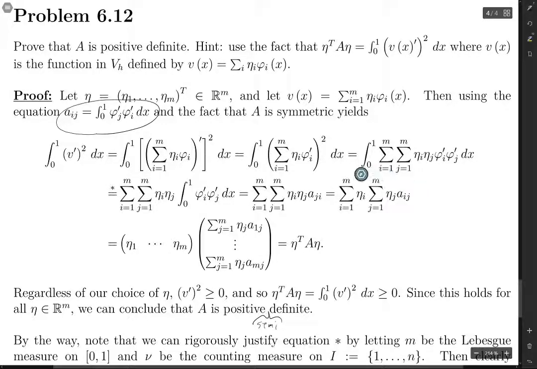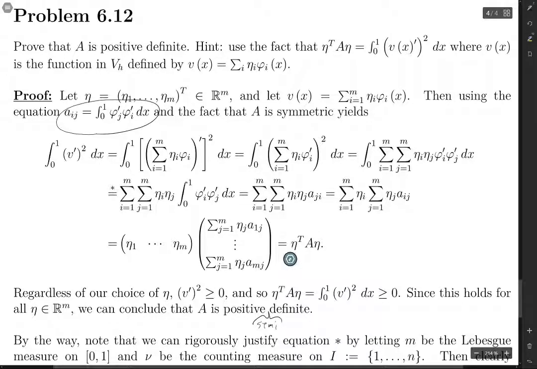Then you bring this integral inside, past the sum and past the constants, and you get a_ji, which is the same thing as a_ij, and you bring this eta i out front as well to get this thing. From here, I think the easiest way to get to the final thing is to start here, write it out using eta i's and a_ij's, and expand this out, and you'll see that you get the same thing as here.